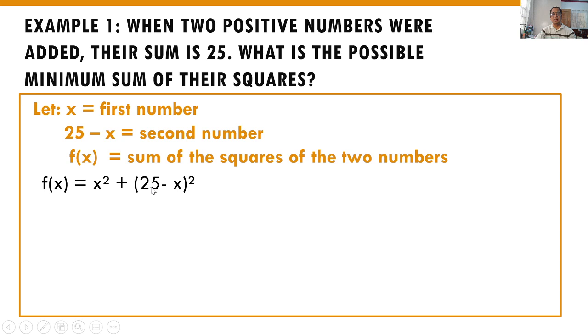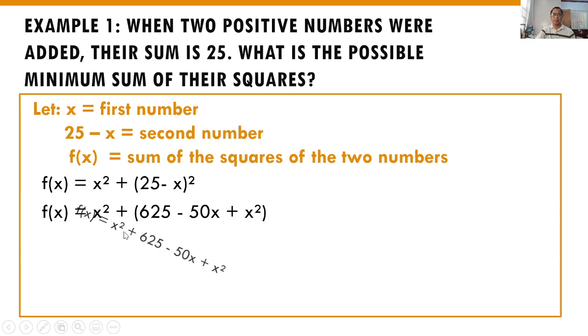Ang ibig pong sabihin yan, 25 minus x times the quantity of 25 minus x. Ang magiging sagot, eto. 625. Pag i-multiply ito times 2, negative 50x, then square the last number, x squared. Okay? Now, dahil positive yung nandito, wala kang papalitan anumang sign sa loob ng grouping symbol natin. Which means, ganyan pa rin yung magiging itsura niya.